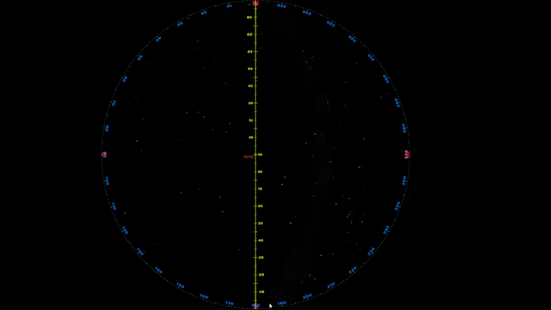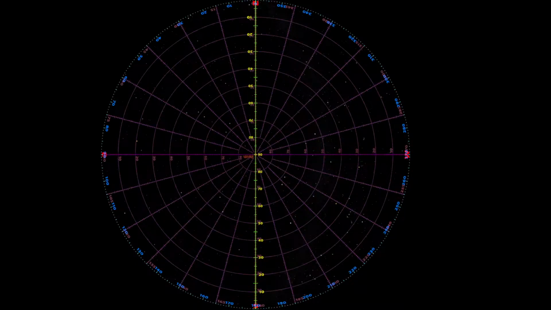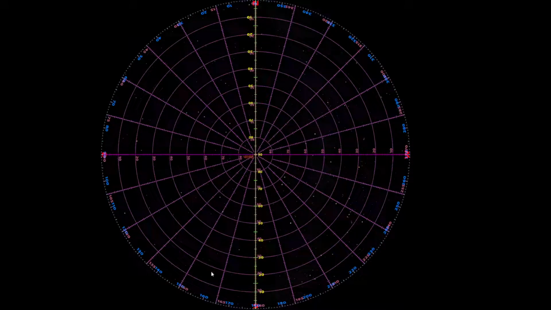So azimuth starts at 0 degrees is north, 180 is south, 90 degrees is east, and 270 degrees is west. Right. So we can imagine making a grid here of the nighttime sky so that any point in the nighttime sky has an altitude and azimuth point.